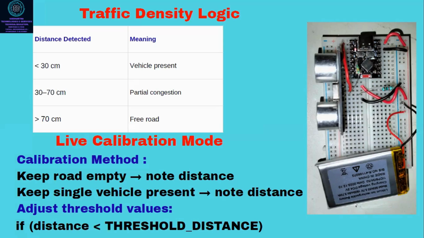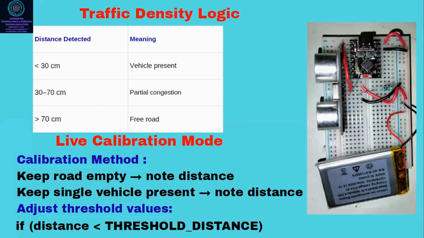If the distance is 30 to 70 centimeters, it is partial congestion, not very big. If it is more than 70 centimeters, it is a free road, that means the gap is more. That is the calibration, or rather we call it the density logic.